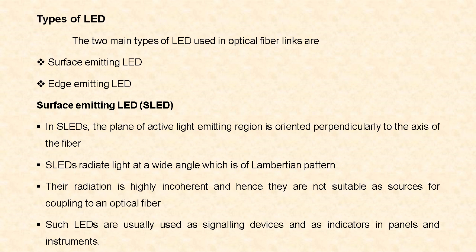The radiation of surface emitting LED is highly incoherent, hence they are not suitable for use as sources for coupling to an optical fiber. These LEDs are usually used as signaling devices and as indicators in panels and instruments.